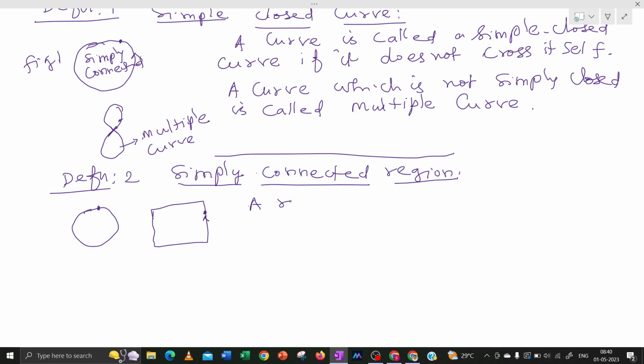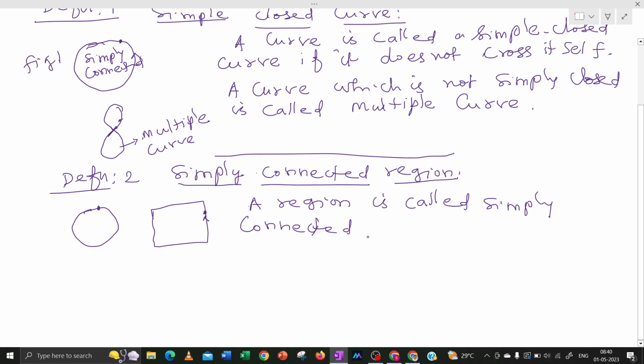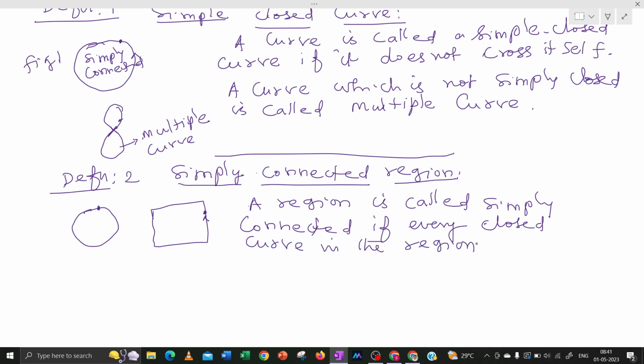A region is called simply connected if every closed curve in the region encloses only points of the region.